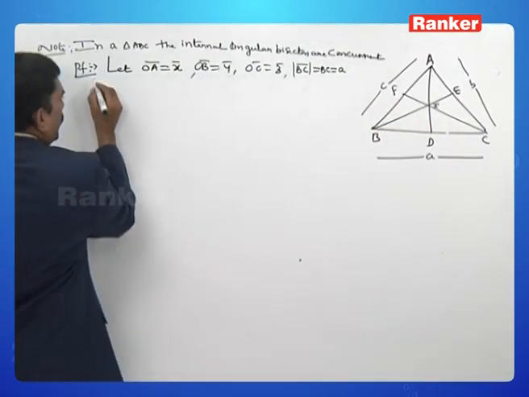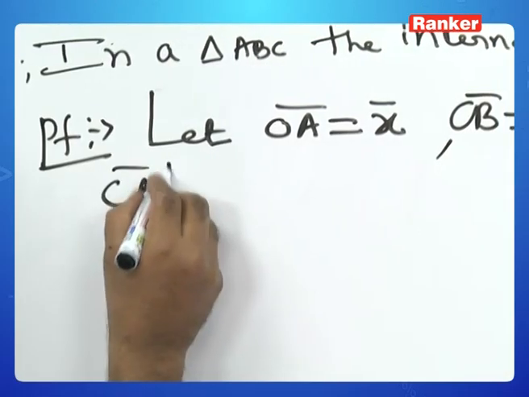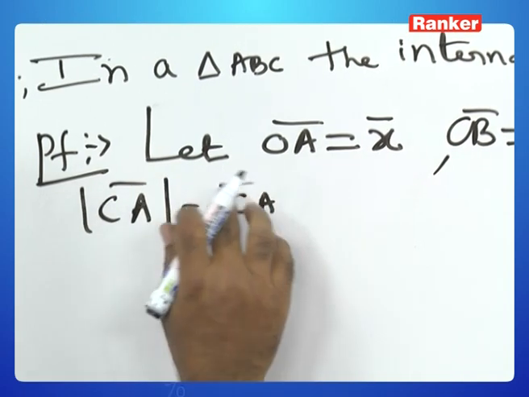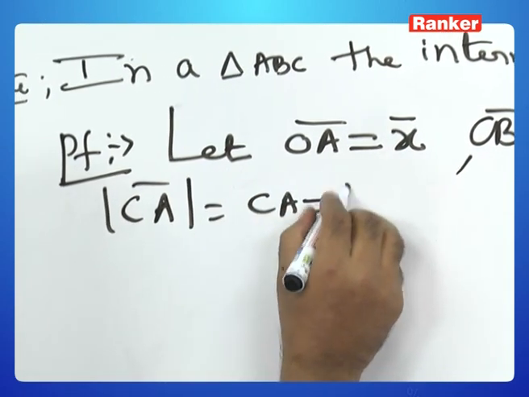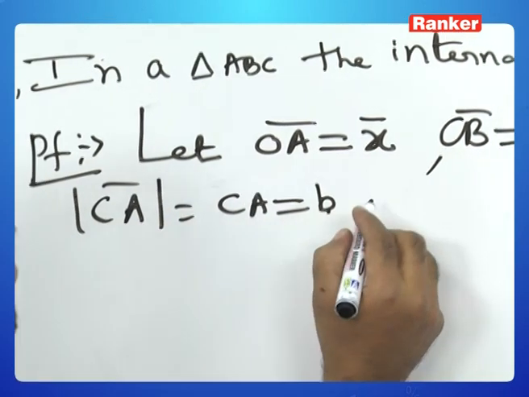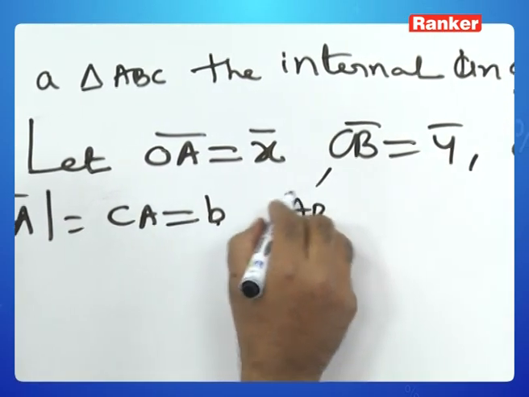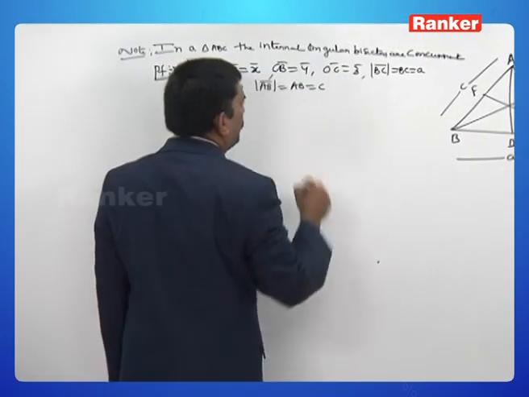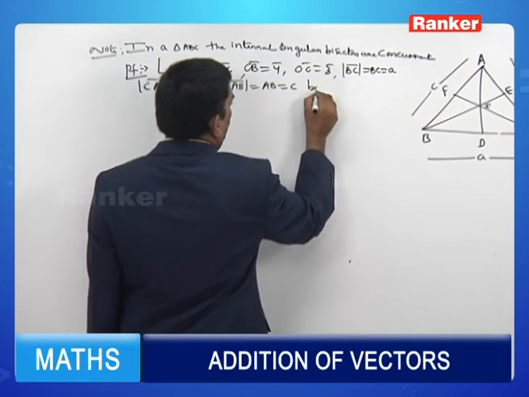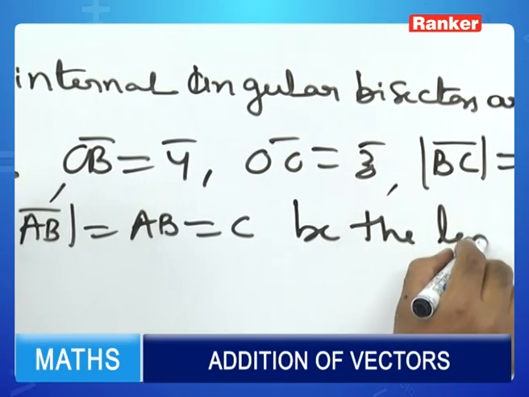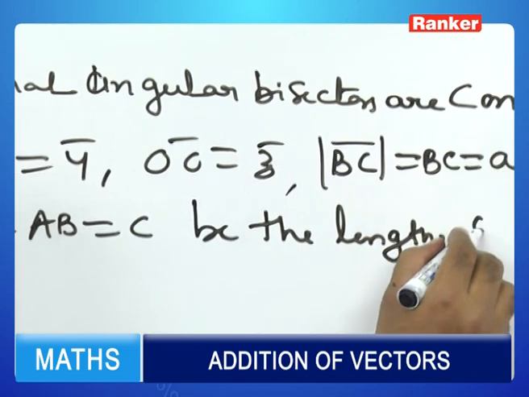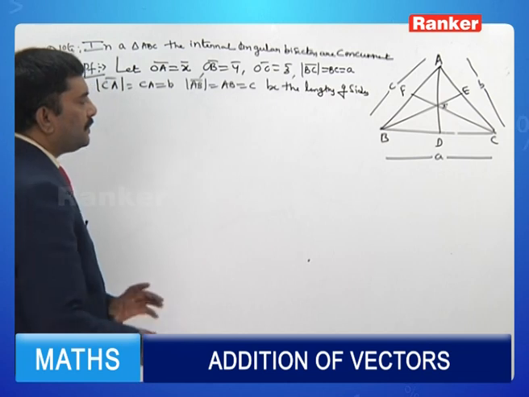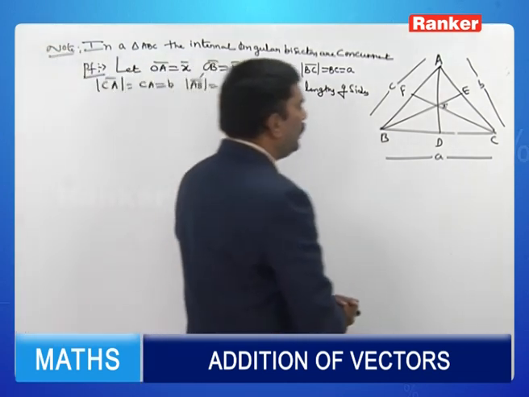Next, modulus of CA bar, or CA, is equal to b. Next, modulus of AB bar, or AB, is equal to c. These are the lengths of the sides.